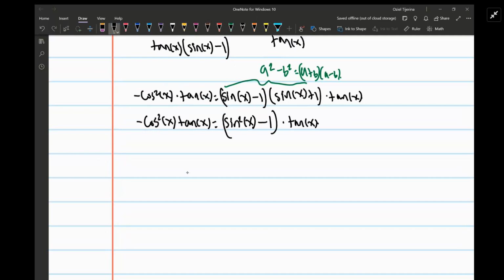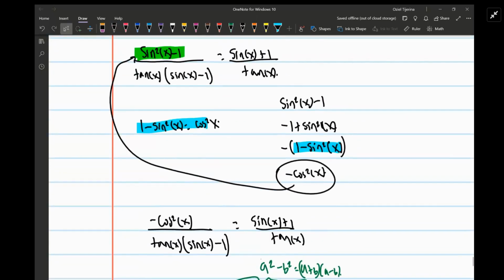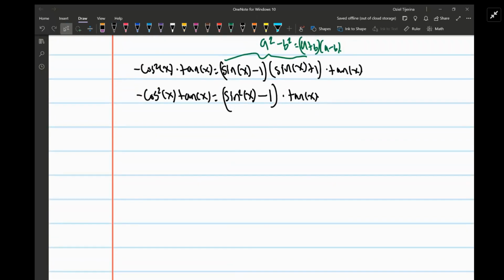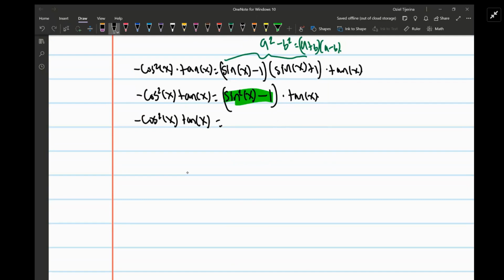And so then we know that sine squared x minus 1 is negative cosine squared of x. So really, negative cosine squared of x tan of x is equal to negative cosine squared of x times tan of x.